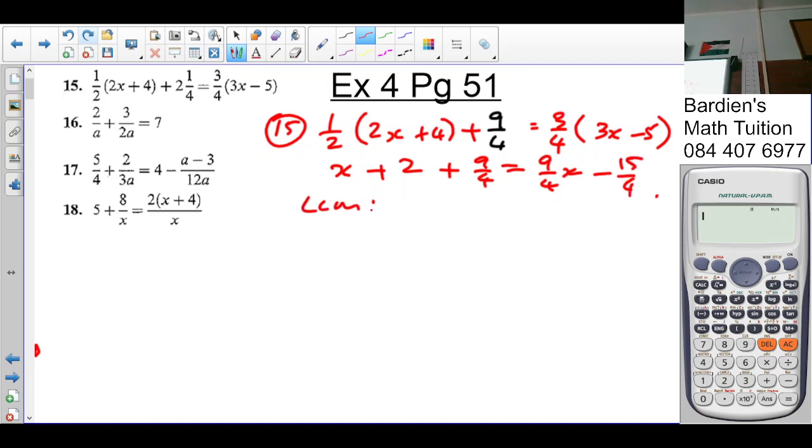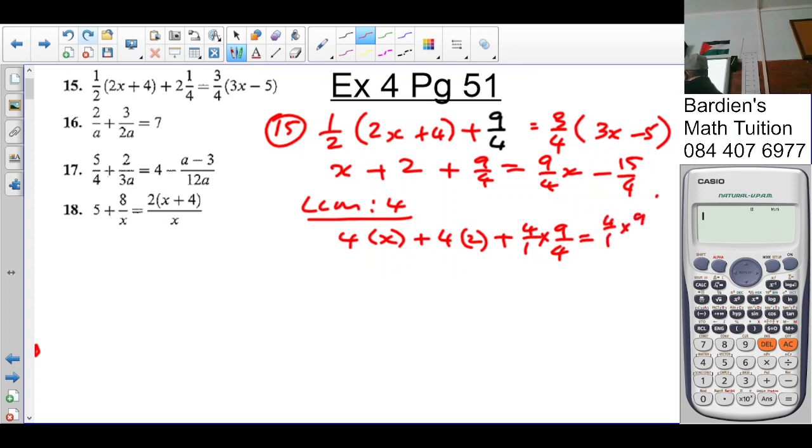Then I got 4 times x, plus 4 times 2, plus 4 over 1 times 9 over 4, equals 4 over 1 times 9 over 4x minus 4 over 1 times 15.